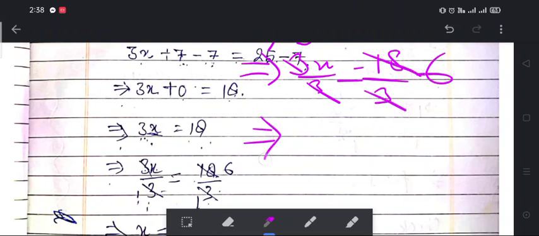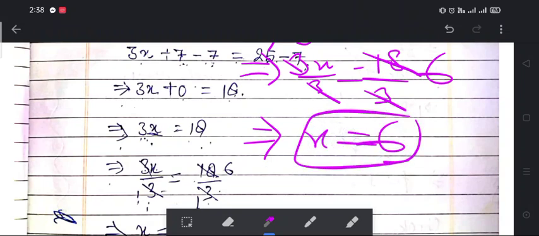So we get x is equal to 6. Therefore x is equal to 6 is the required solution of the given equation.